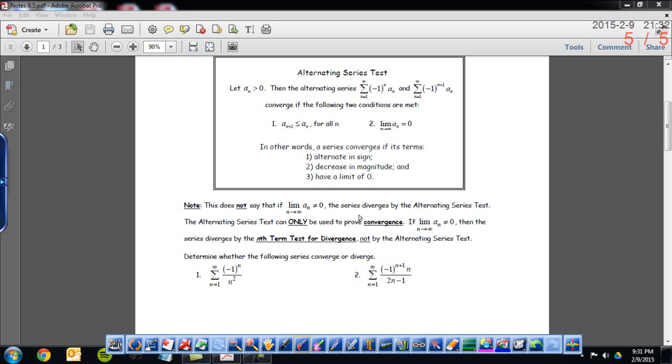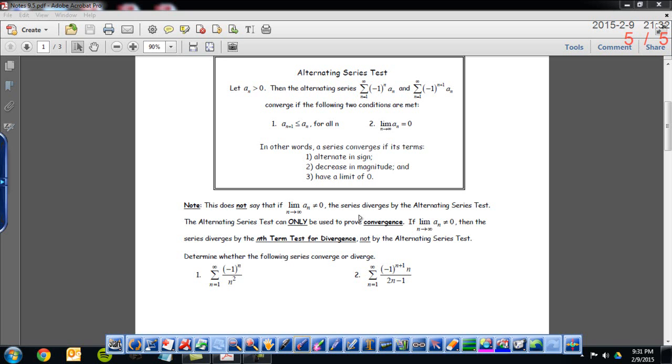So if the limit as n approaches infinity of a sub n does not equal 0, then the series actually diverges by the nth term test, not by the alternating series test. So you will never ever say the series diverges by the alternating series test. If it's an alternating series and the limit as n approaches infinity does not equal 0, then you say that it diverges by the nth term test.